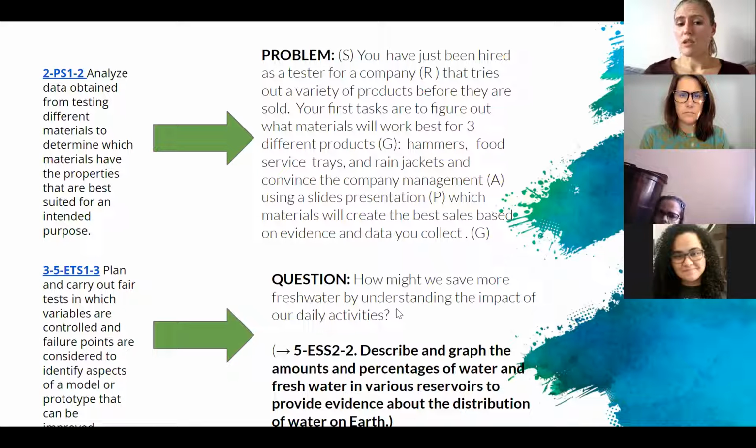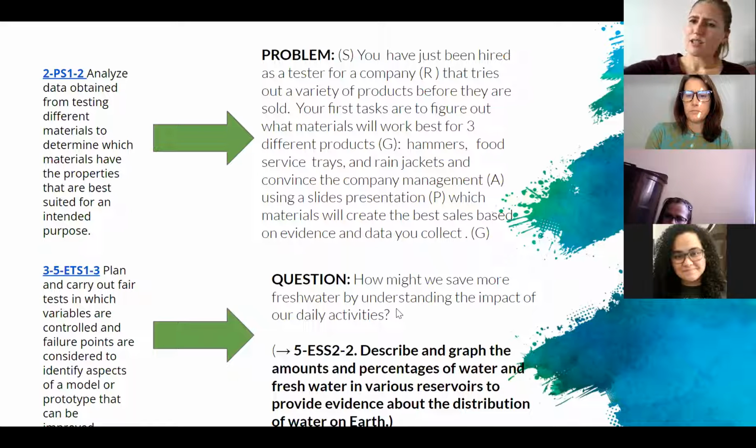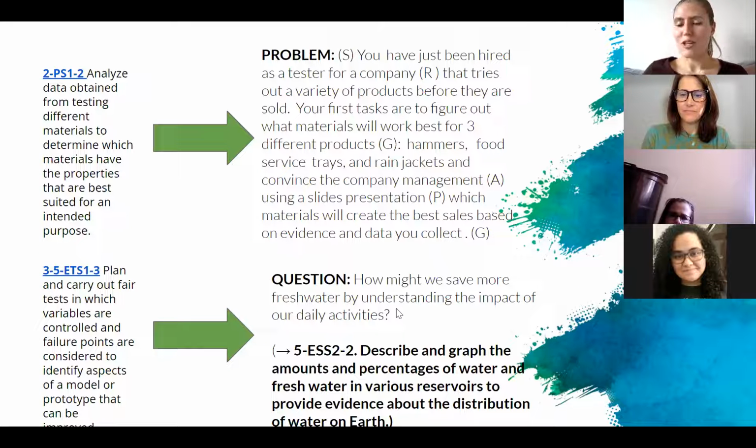How might we save more fresh water by understanding the impact of our daily activities? So you're going to get students that talk about meat consumption, students that talk about showers, students that talk about when you water the lawns, who knows, wash your hands, don't flush the toilet. If it's yellow, let it mellow. There's a million possible answers. But that how might we question really is going to let the complexity and the many ways that a problem can be solved come out.